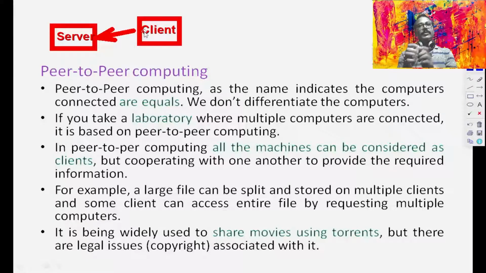But using torrents, you can share. That means peers, equals, will be there. The movie may be present in anybody's system. Anybody can access it, download it. So that is peer-to-peer computing.